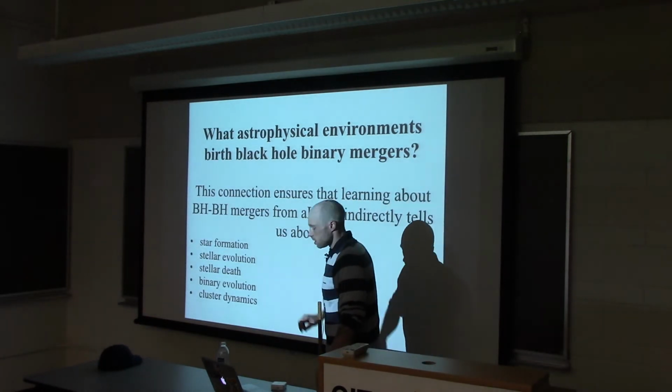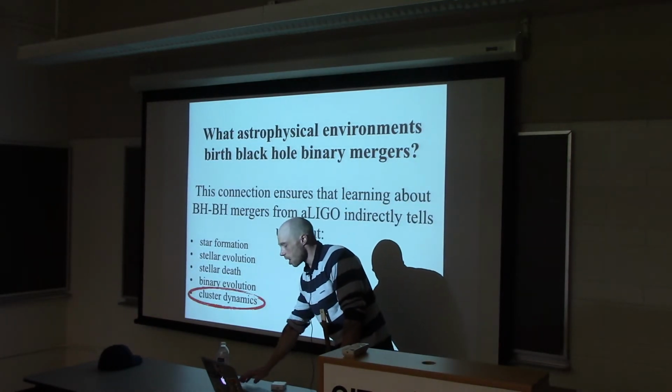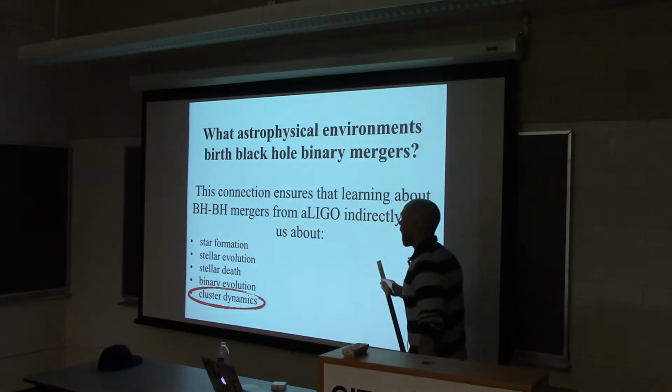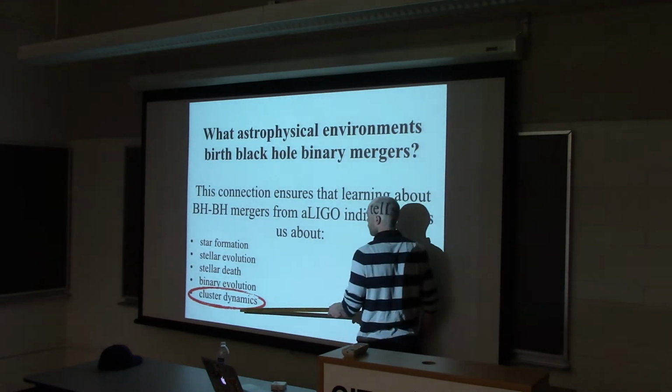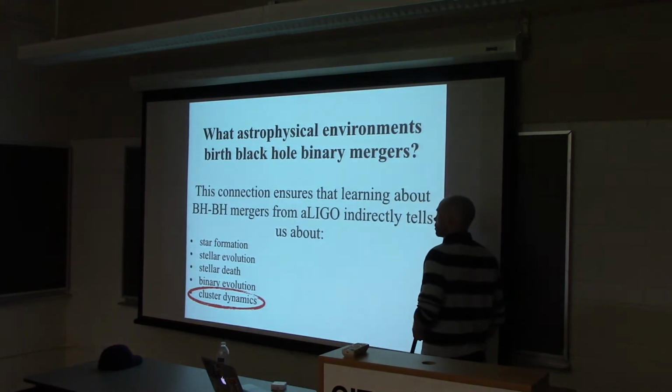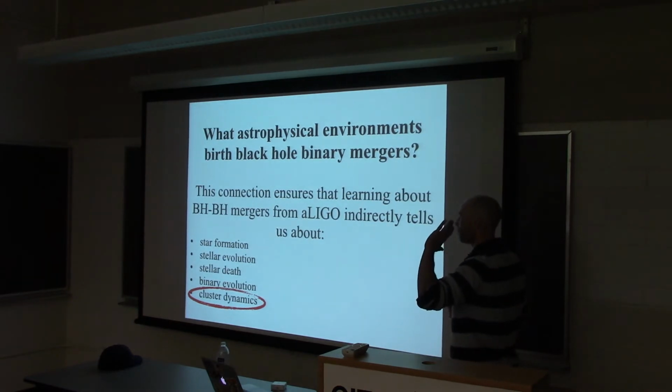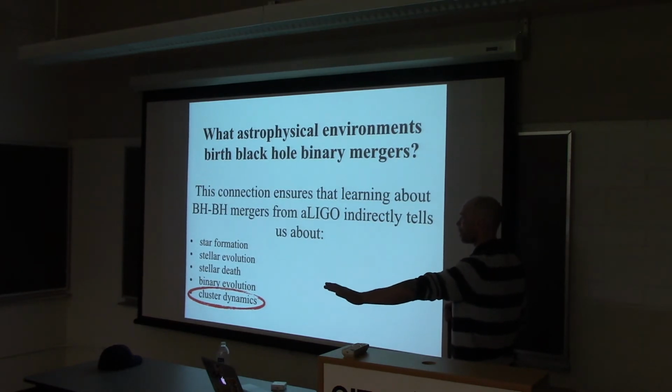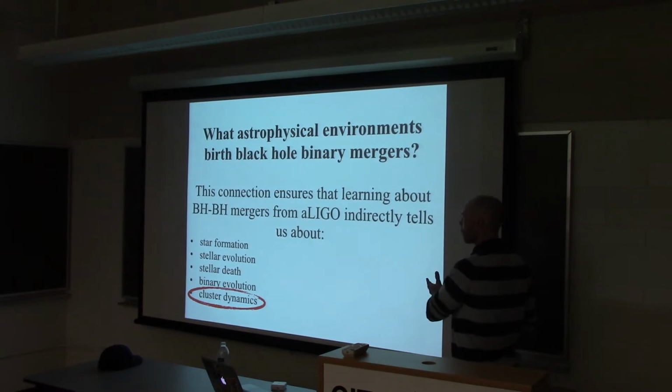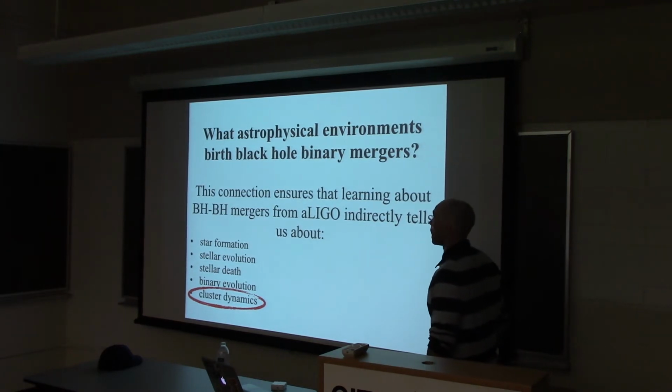Unfortunately, there's a lot of uncertainties here, and so I'm going to talk about, in particular, how we can tackle the cluster dynamics in going about understanding how you take some set of initial conditions in a primordial star cluster and fast forward it through time to get out black hole binaries that eventually merge for detection by LIGO.